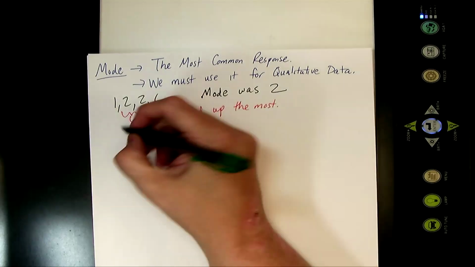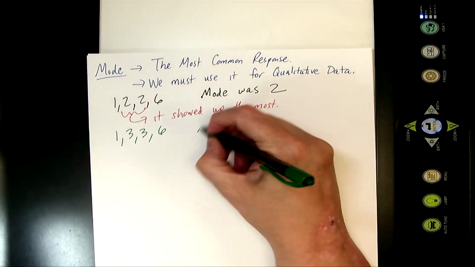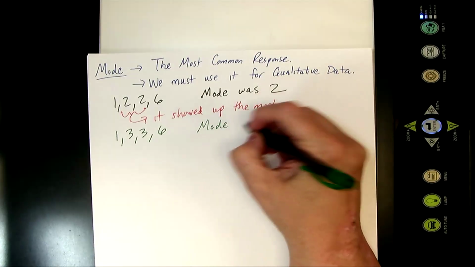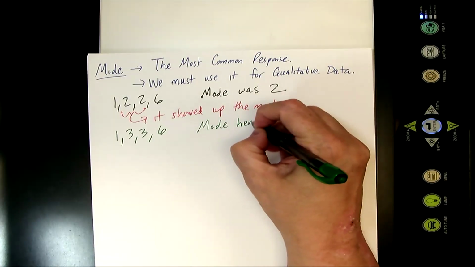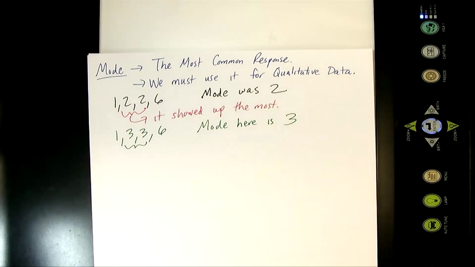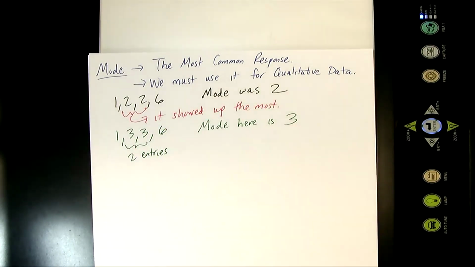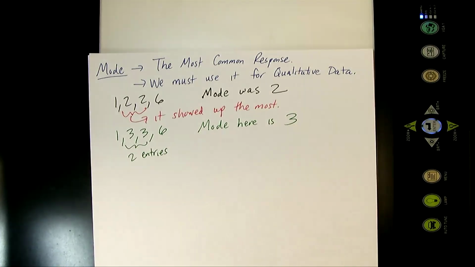And if we had 3s there, 1, 3, 3, 6, the mode here is 3. I want to make it clear it's the number, not how many times it shows up. This shows up the most, there are 2 entries that have a 3. Everything else has 1 entry, so it is the most common answer. So 3 would be the mode.